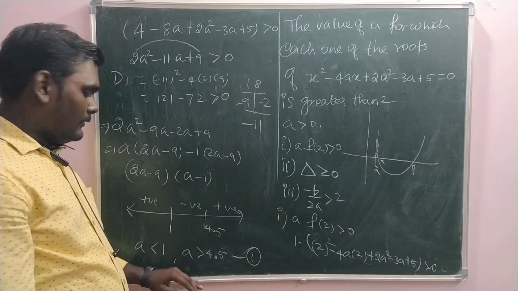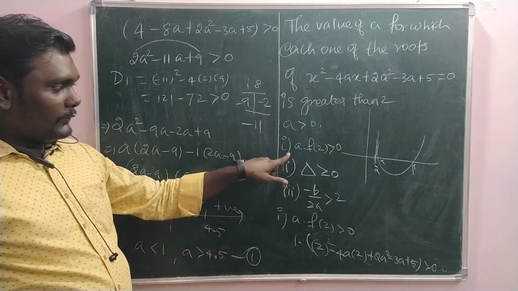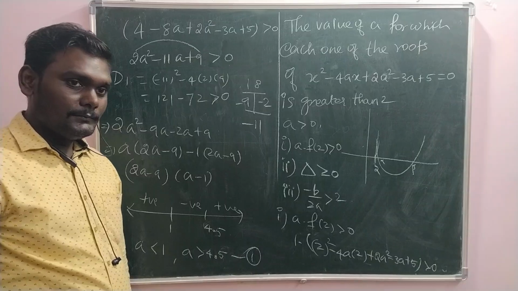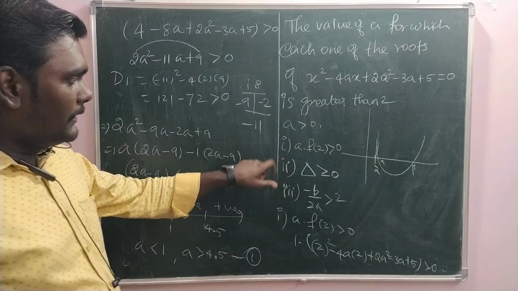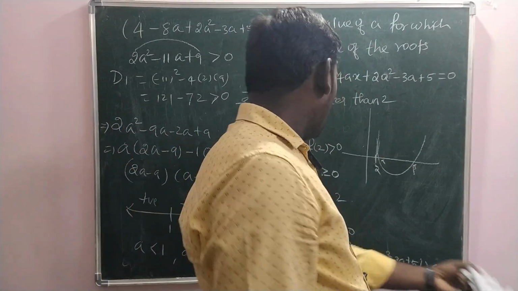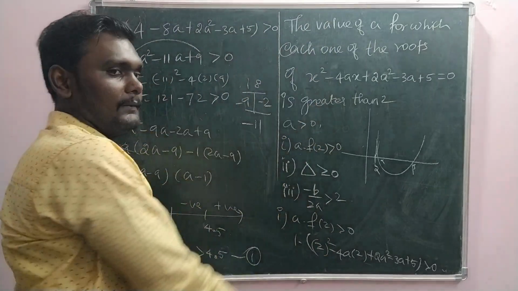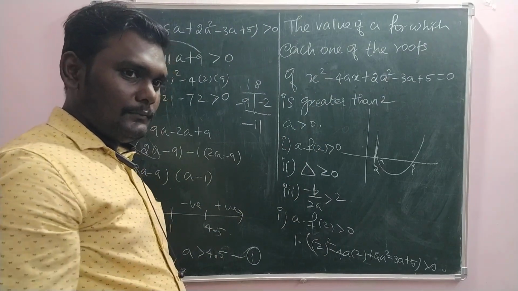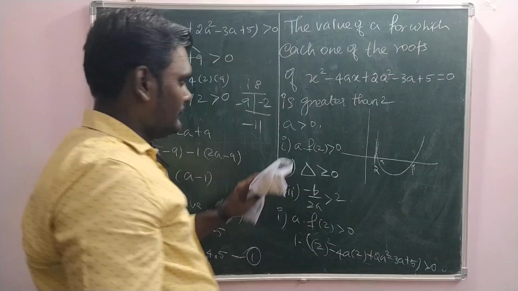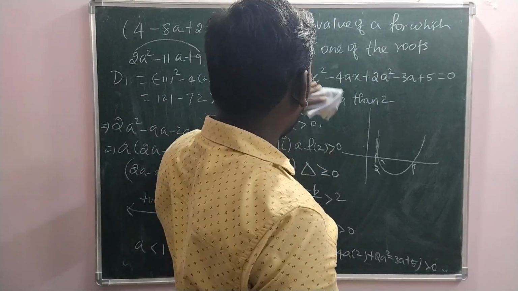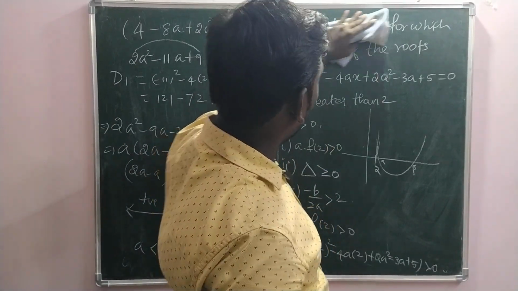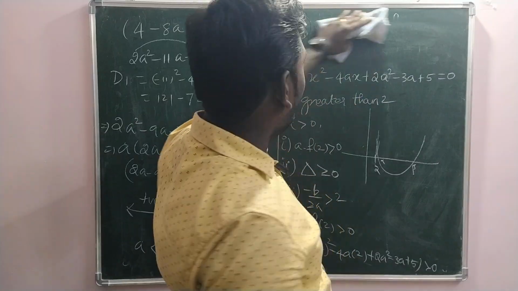Okay. Because we are going to combine all these three. First one only we worked out. Okay. Then the second one. Delta is greater than or equal to 0. Shall I erase everything? Yes, sir. Delta is greater than or equal to 0. What is delta value, man?